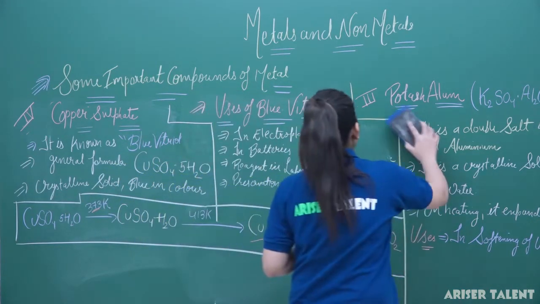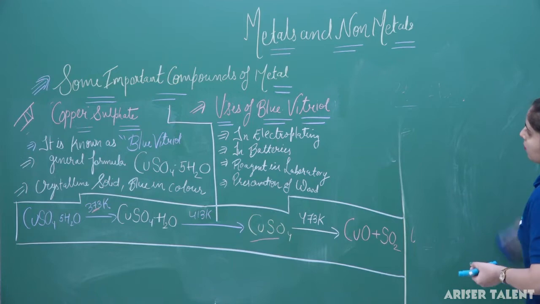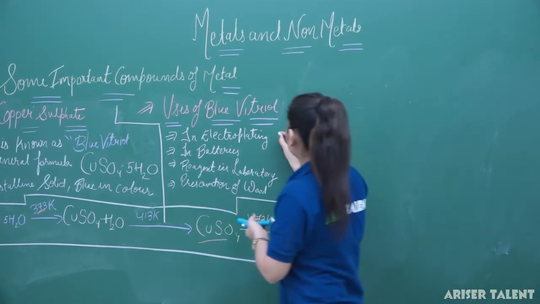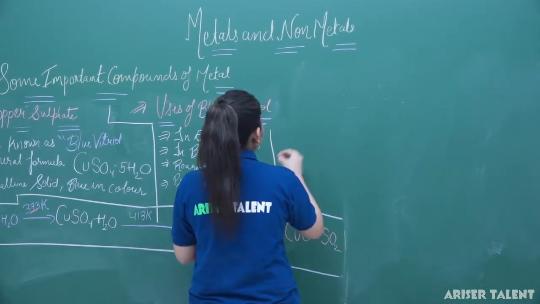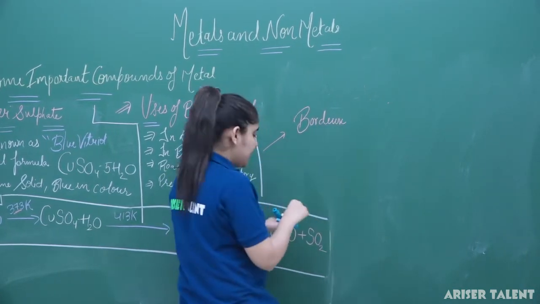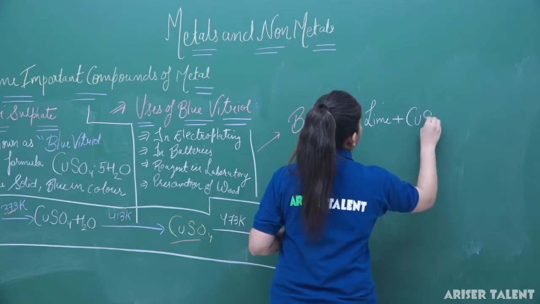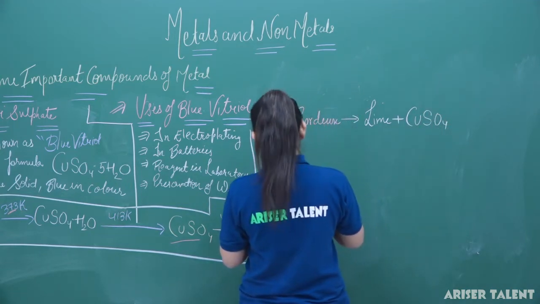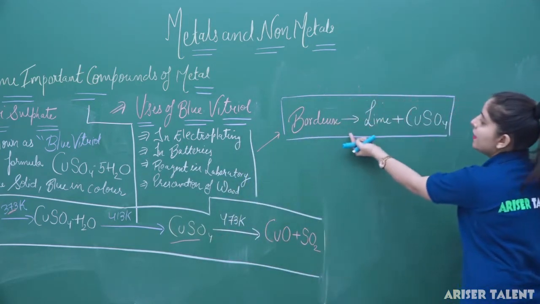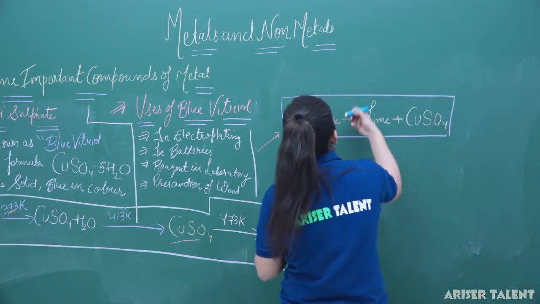So its last use is Bordeaux mixture. This Bordeaux is actually a mixture of lime plus copper sulphate, and this mixture is generally used as a fungicide.